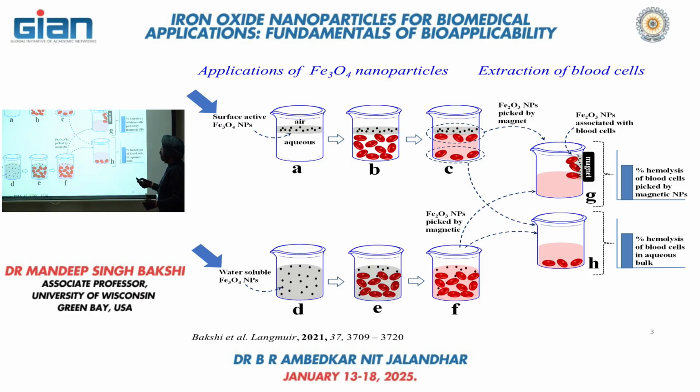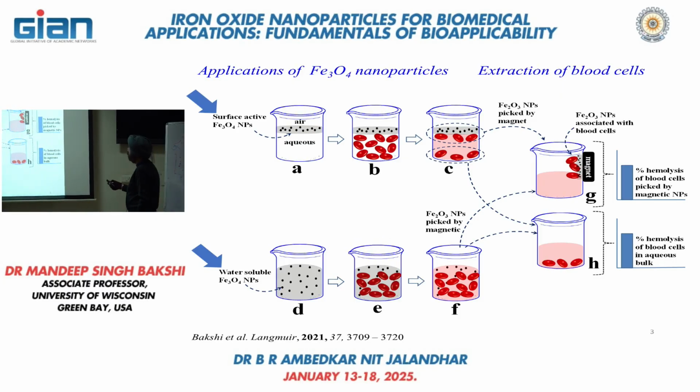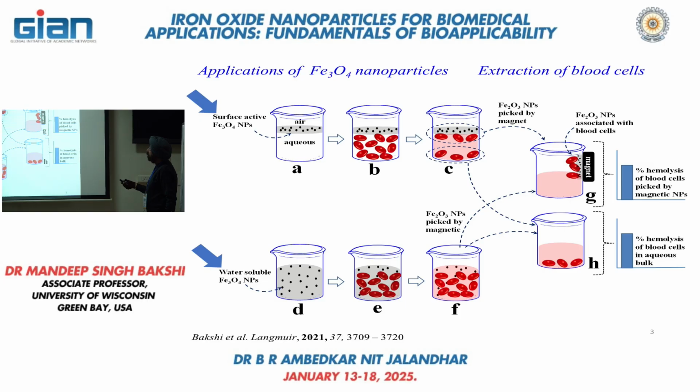And then I let it sit for a certain period of time, maybe a few hours, you can say. After that, I'm going to attach the magnet, and I could see that when I attach the magnet, it's not only the magnetic nanoparticles that are attached to the magnet, but magnetic nanoparticles are bringing the blood cells as well.